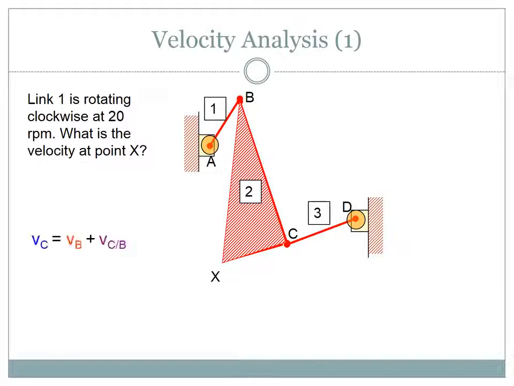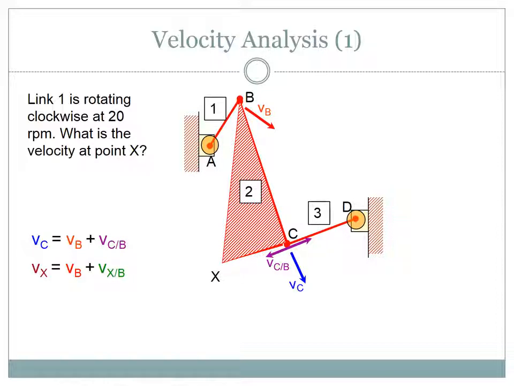Move on. VC equals VB plus VCB. We know that. So we plot VB, then we plot VC. Then we need to find the direction of VCB, so we have to plot VB and VC first.